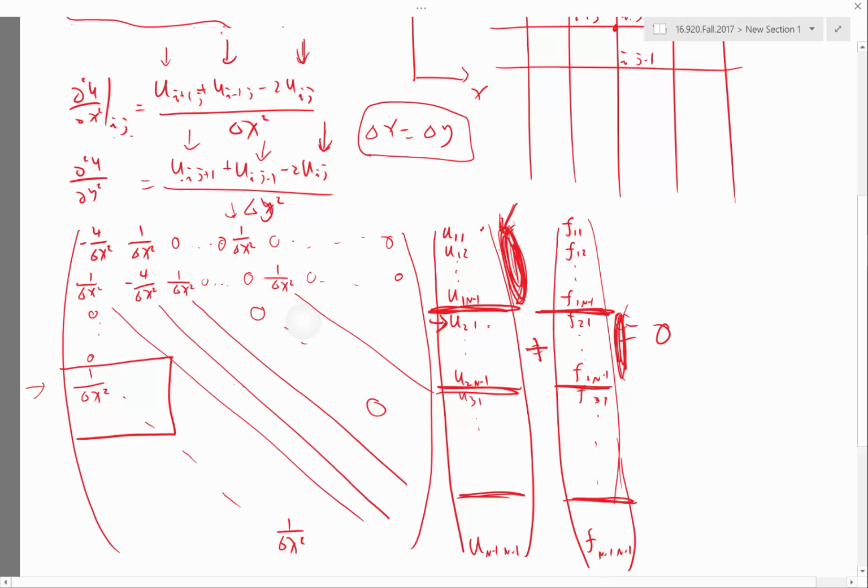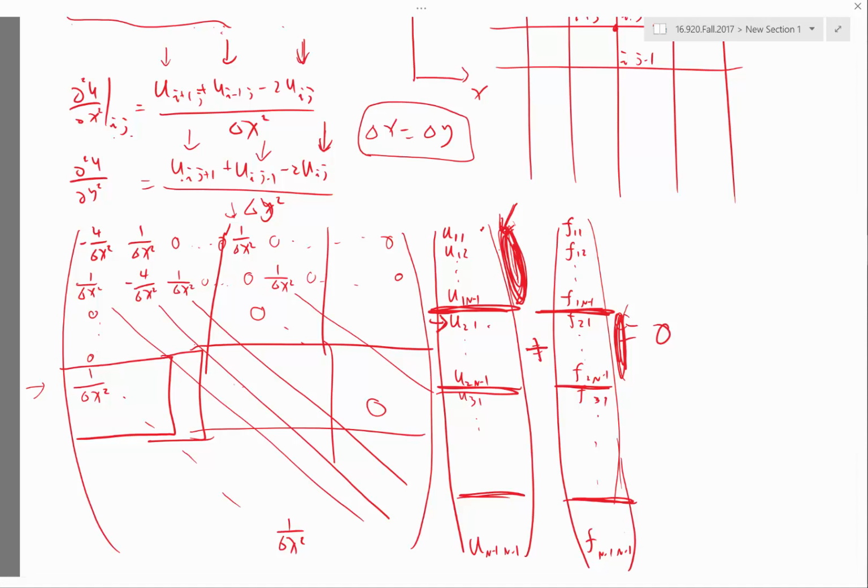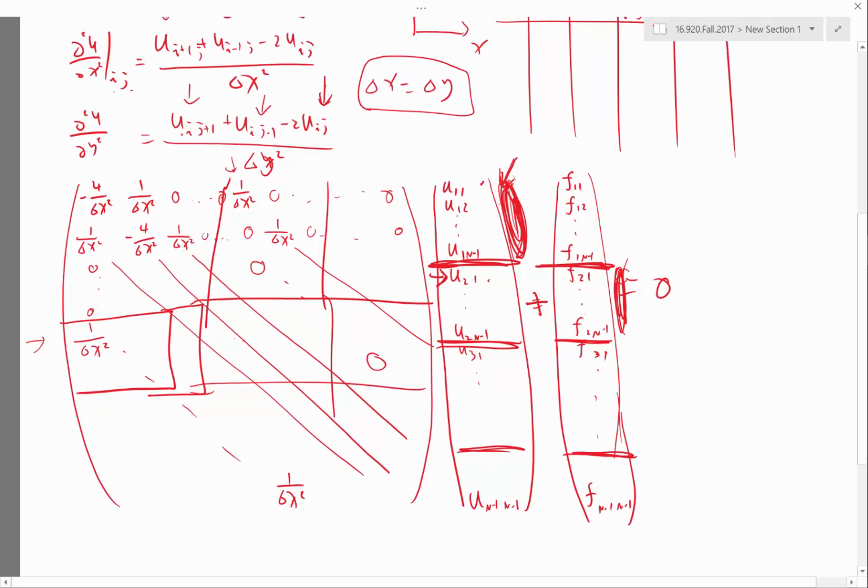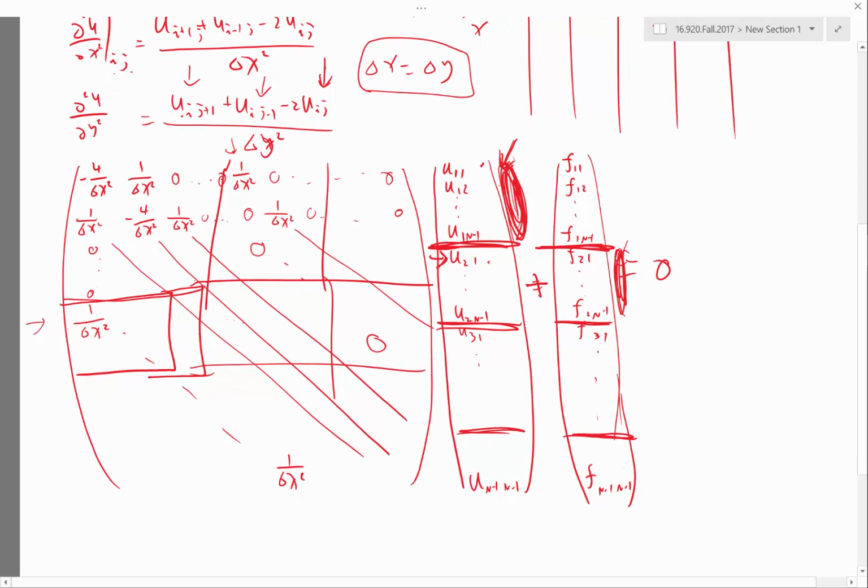So that helps me divide the matrix into multiple blocks. Each block corresponds to a particular i index in the U solution and another i index in the F solution. What you're going to see is that the diagonal blocks are tridiagonal structures, as we have in the one-dimensional case.